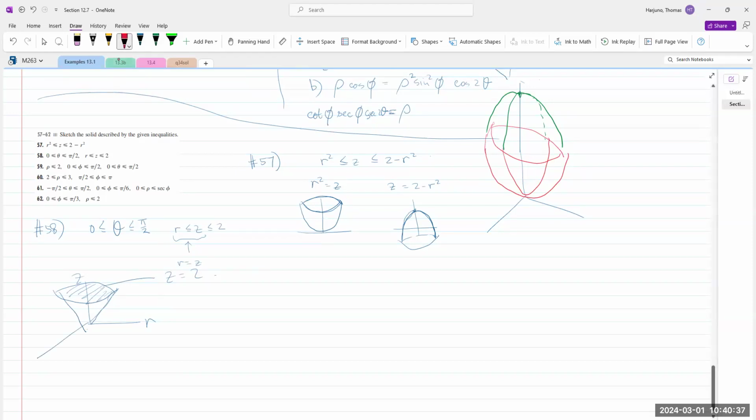Maybe in this case, it becomes the first octant. Okay, so that's what it looks like. Imagine if you have a cone, you cut it above at height z equals 2, and then you cut it along the YZ plane and the XZ plane. So you end up with this part only.